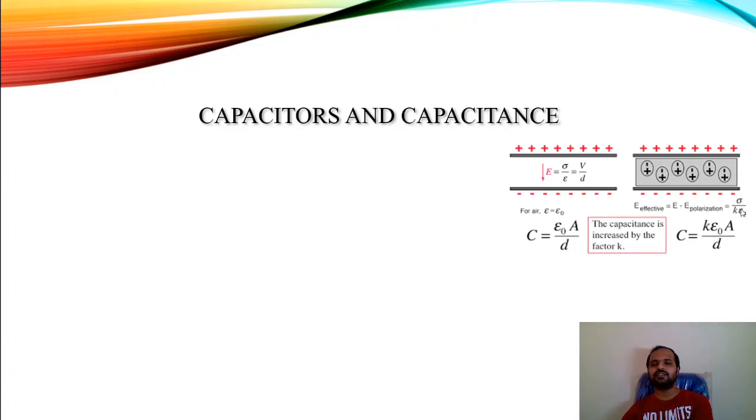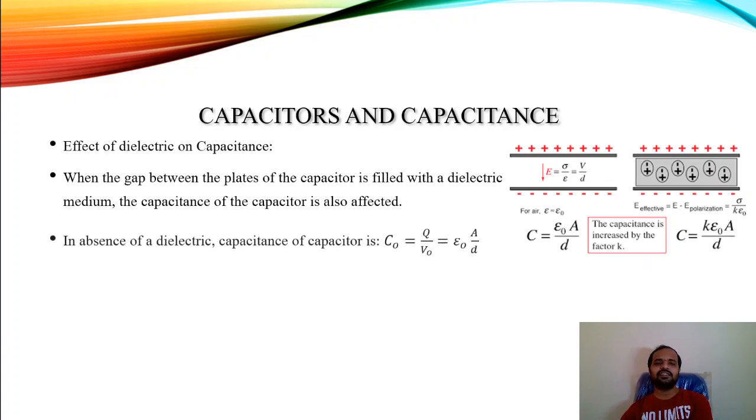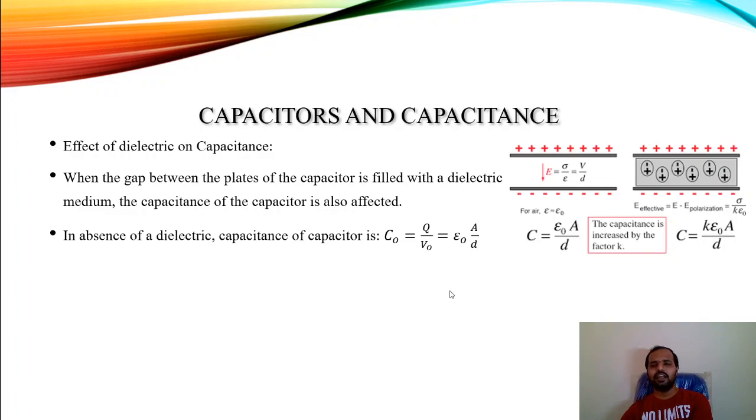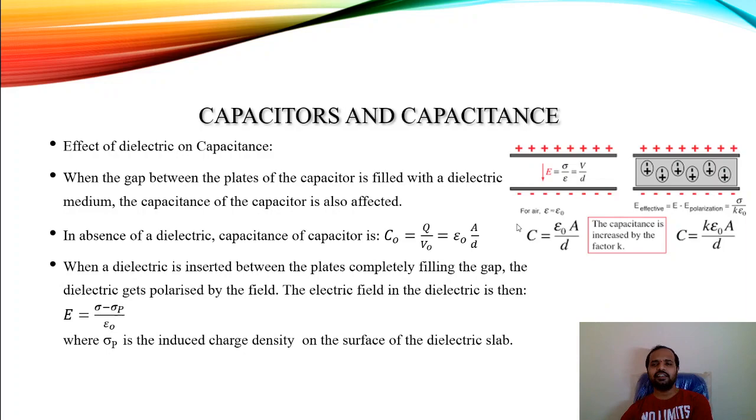In such a case, there is polarization. Due to the polarization effect, the electric field is going to be altered, and the electric field between the two plates of the capacitor is now given as E equals sigma minus sigma p by epsilon naught. Why this sigma minus sigma p? The reason is very simple.